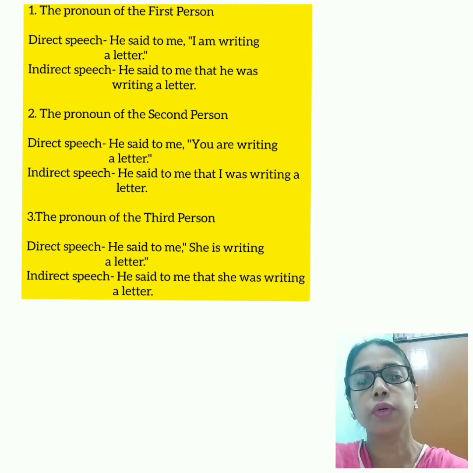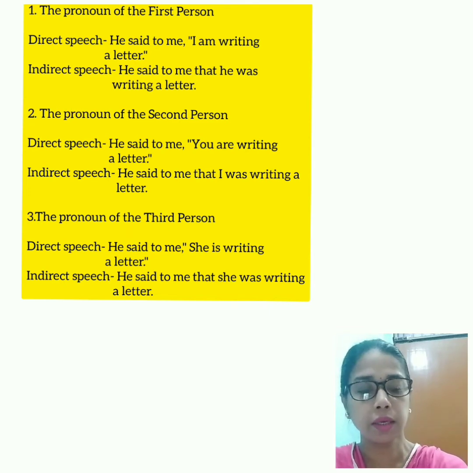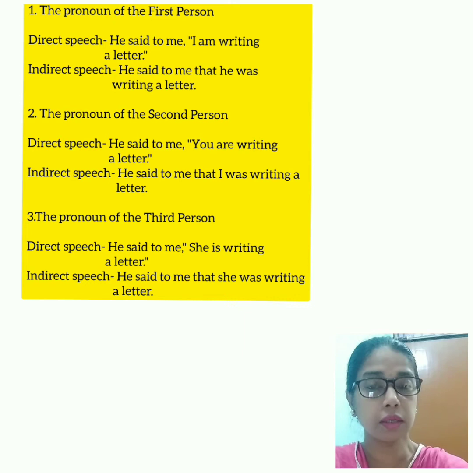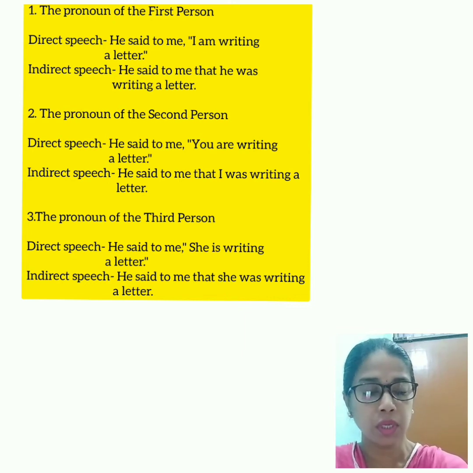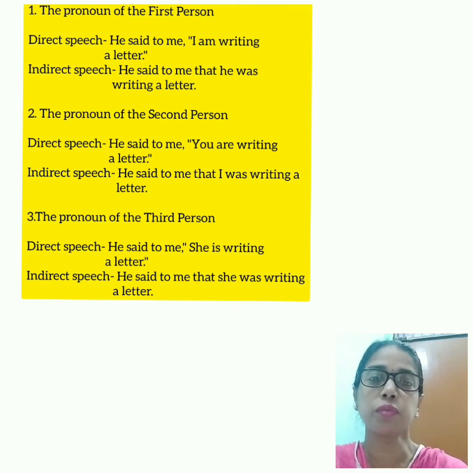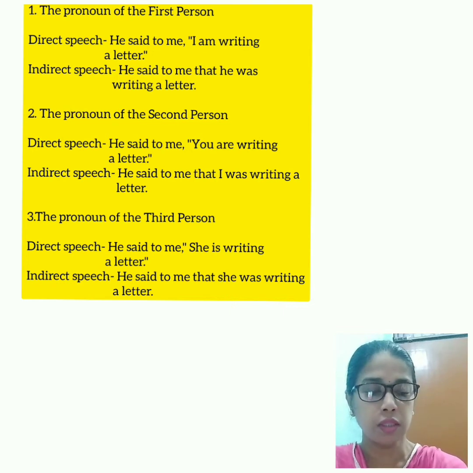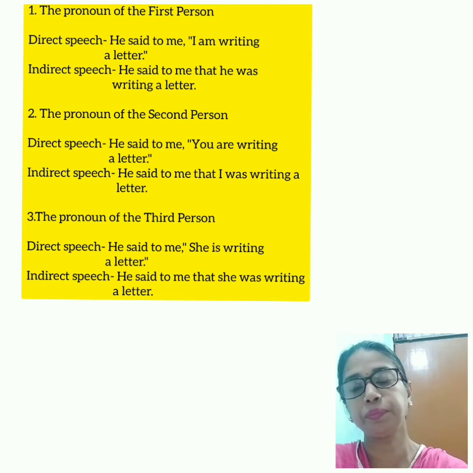Now you all must be knowing the pronouns used for the first person, like I, me, my, mine, we, us, our, and ours. So when these first persons are used in the direct speech, then they are related to the subject of the reporting verb. And so when we change from direct to indirect speech, we change it according to the person of the subject.